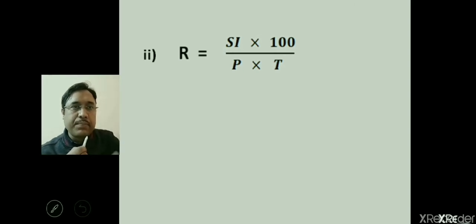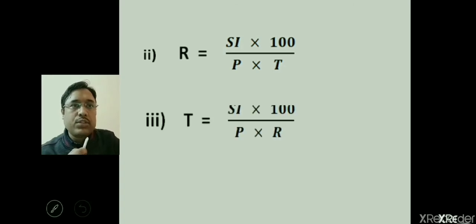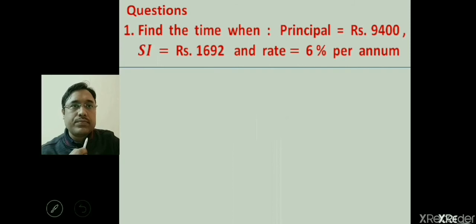SI is the simple interest, P is principal, and T is time. Then time: T equals SI into 100 by P into R. That also you can get by cross multiplication in the starting formula. Now we will see some questions.